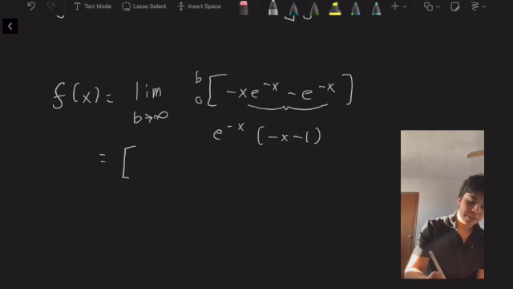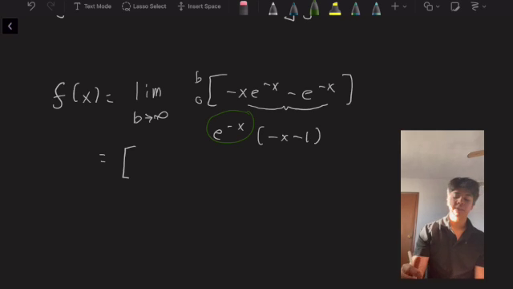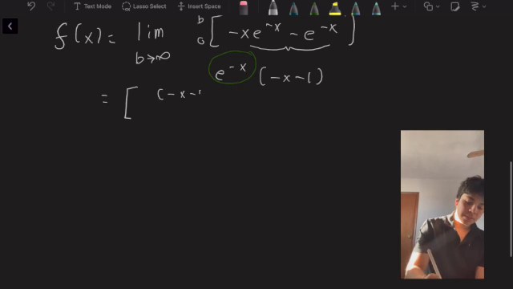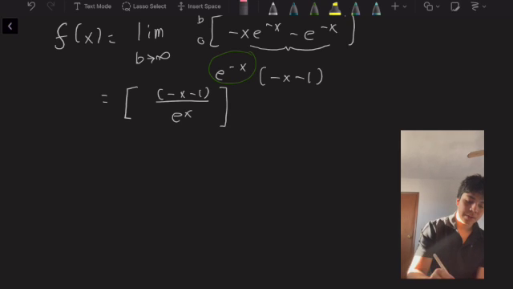So now I'm going to evaluate this. And so we know this can be rewritten as negative x minus 1 divided by e to the x. We're just going to put this negative power on the denominator. And then we're going to have the same notation.